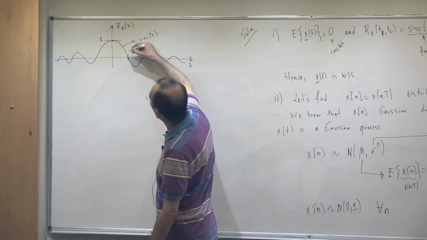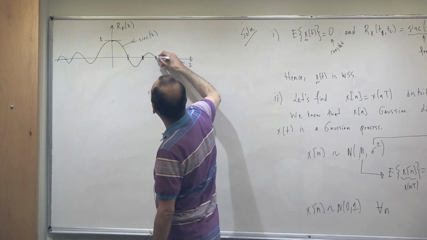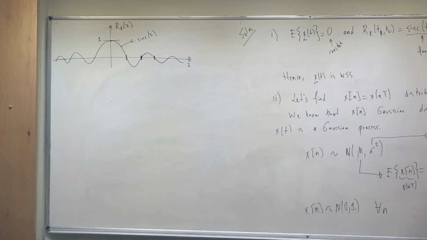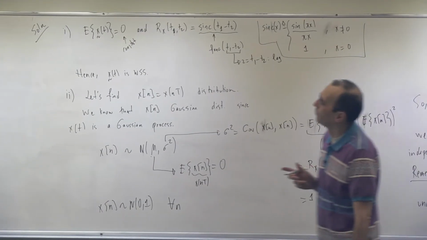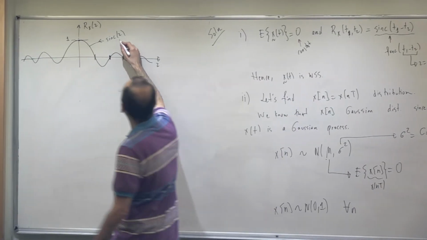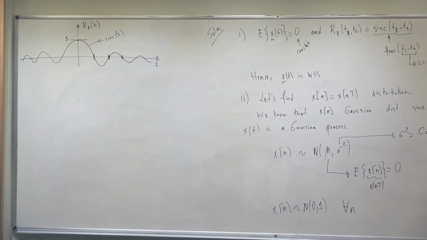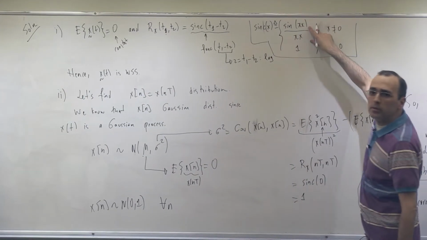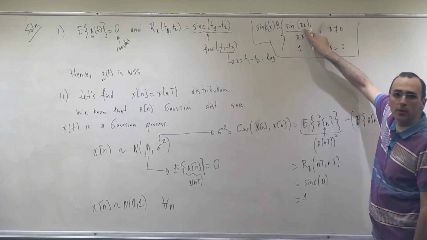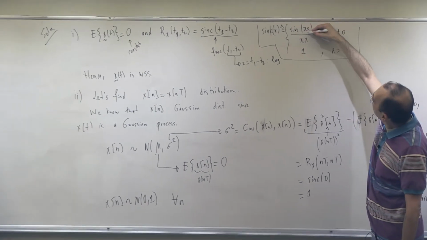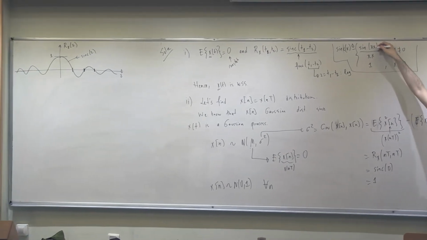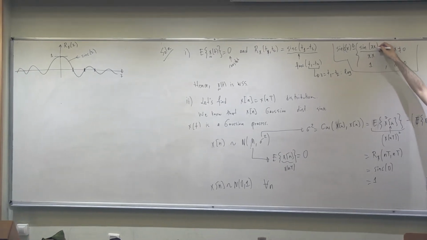How about the first zero, second zero, third zero on the right? How can this sinc function be equal to 0? If the numerator is 0. The numerator is a sine function, so either this argument is 180 degrees or 360 degrees.